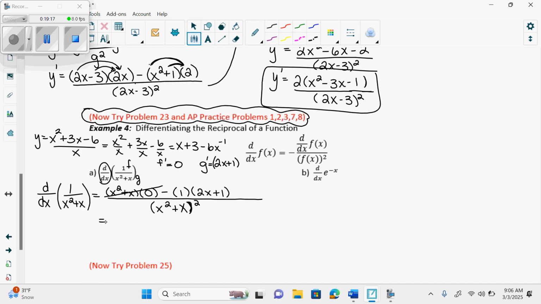So then we're left with negative 2x minus 1 over x squared plus x, all squared. Now, a lot of people want to tell me, oh, I'm just going to take an x out of that. You can't. It's squared, right? And some people FOIL it out. Don't. You just made it worse. Just, that's it. Because next unit, we're going to have to set this equal to 0 and get the critical numbers of this.